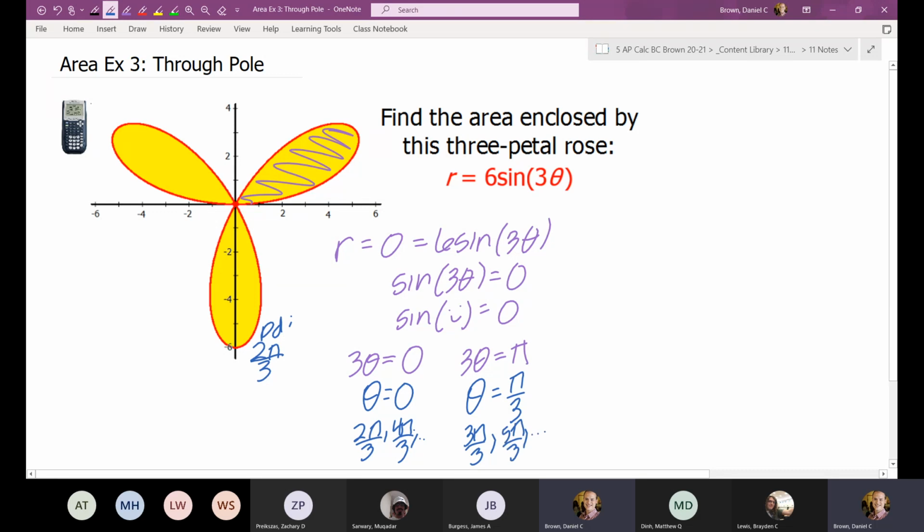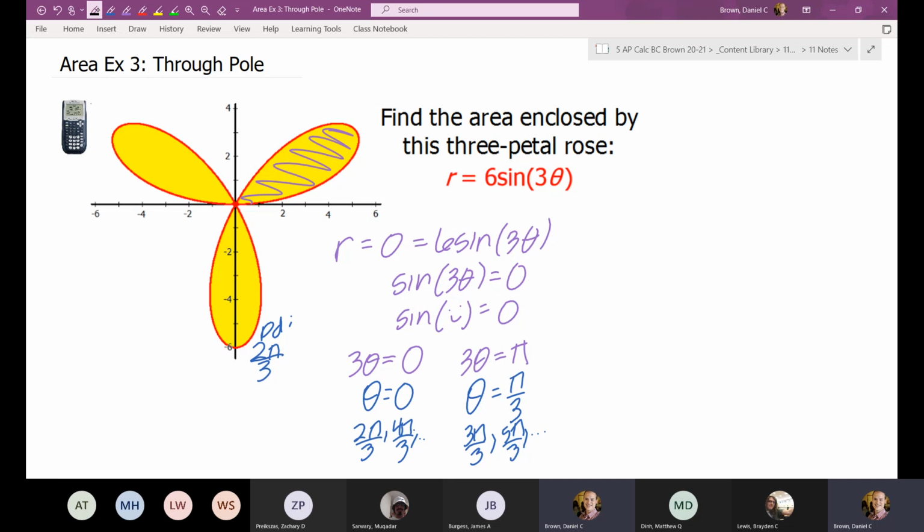So if I were to trace this out, 0 is at the origin, then we have pi over 3, then 2 pi over 3, then pi, 4 pi over 3. It keeps going around, and every time you get to one of those angles, it's hit the origin.